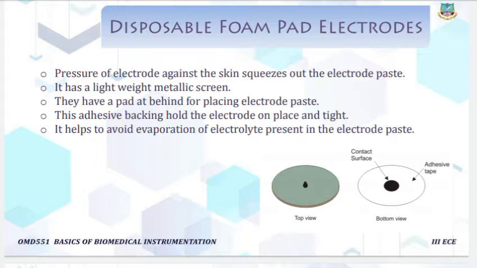The adhesive backing holds the electrode in place and tight. It helps to avoid evaporation of the electrolyte present in the electrode. These come under the disposable foam pad electrode.